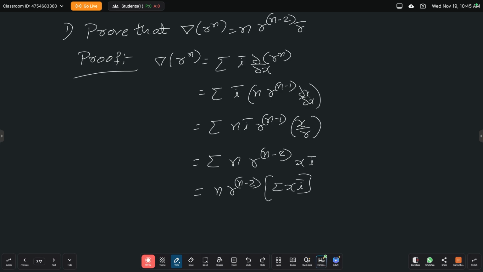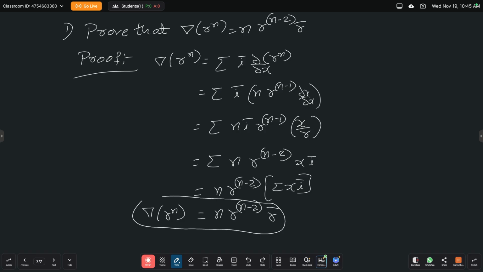As we know, the summation of x i bar is nothing but r bar, because x i bar plus y j bar plus z k bar is the general form of the r bar vector. So it becomes n into r power n minus 2 into r bar, which is the value of del of r power n. Hence proved.